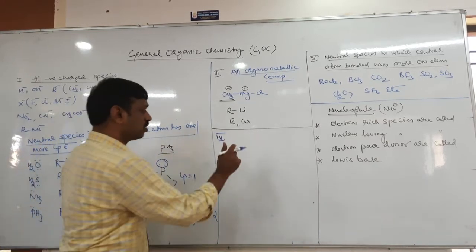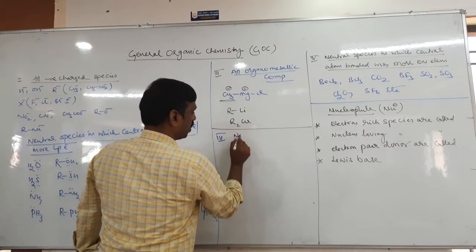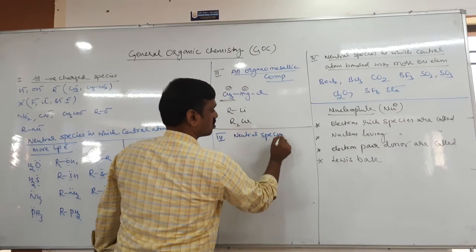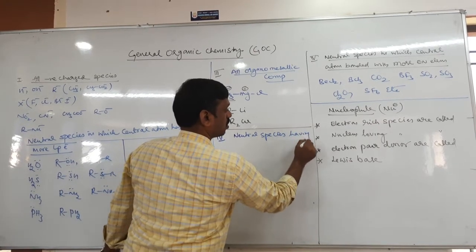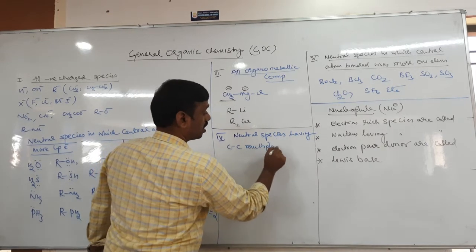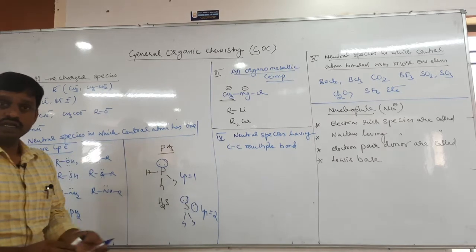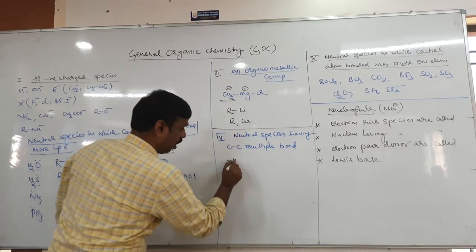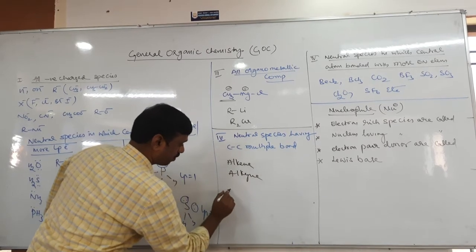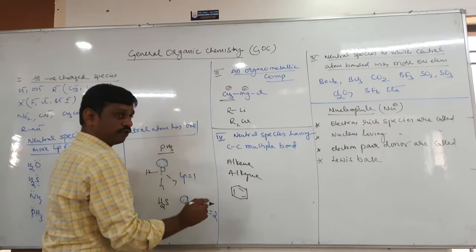So the fourth category is neutral molecules or neutral species having carbon-carbon multiple bonds can also act as a nucleophile. For example, alkene, alkyne and benzene and its derivatives.